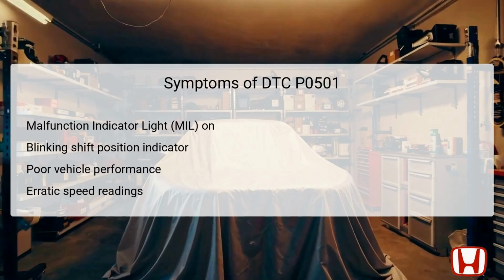Drivers may also notice poor vehicle performance, including hesitation during acceleration, as the TCM cannot accurately interpret or adjust to speed changes. Finally, erratic speed readings can occur on the dashboard display, creating a safety concern. Recognizing these symptoms early can help prevent further damage or unsafe driving conditions.